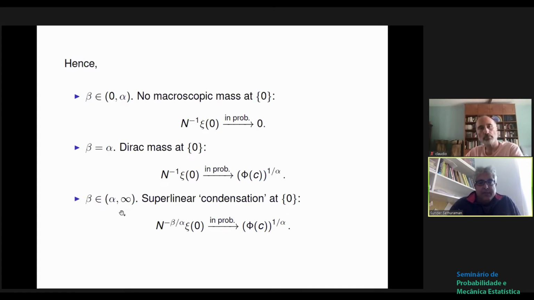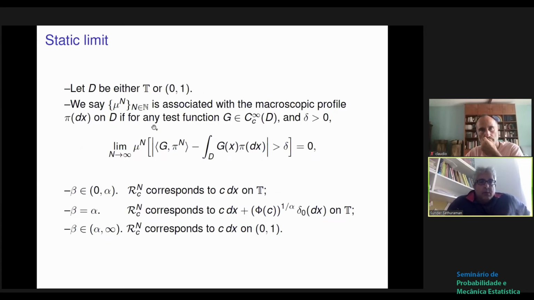And if beta is bigger than alpha, then with respect to the invariant measure you're also getting this constant, but the scaling is not n to the -1. You have to divide by a little bit larger power of n. So particles are really aggregating in that case. So it's very slow.